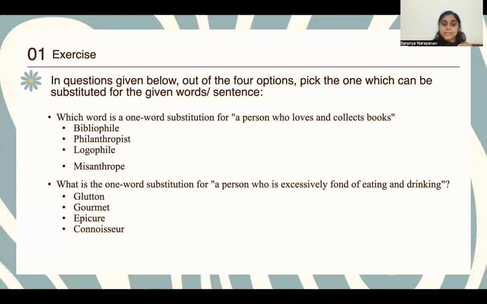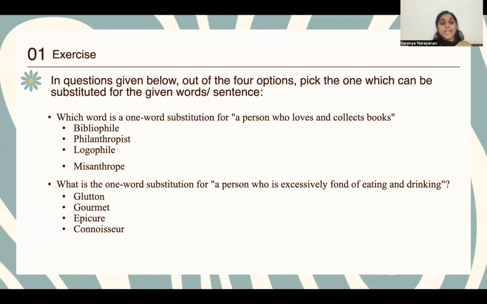The next question is: what is the one word substitution for a person who is excessively fond of eating and drinking? Again, we have 4 options. Like I mentioned earlier, we will have to know the meaning of each of these words in certain cases to identify the correct answer. I'll give you a few seconds.